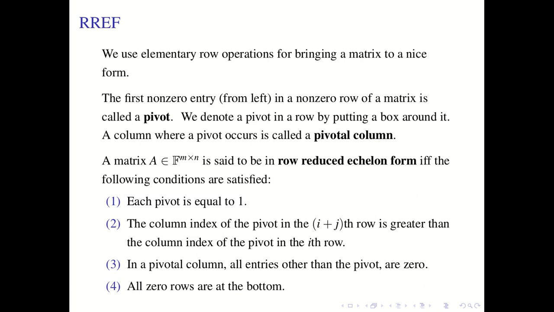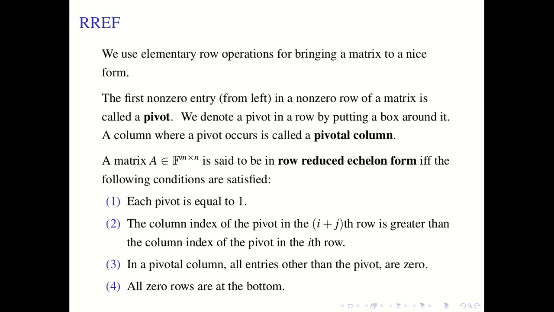So given a matrix, we use elementary row operations. Just recall what are the elementary row operations. First, exchange of two rows. Second one, multiplication of a row by a non-zero constant.